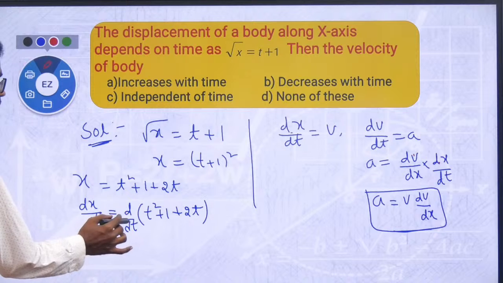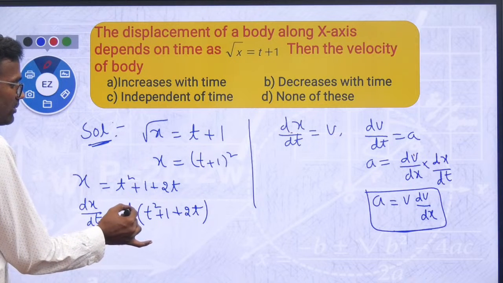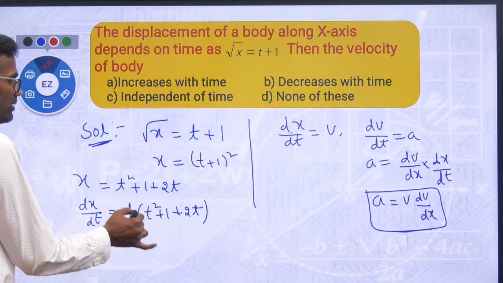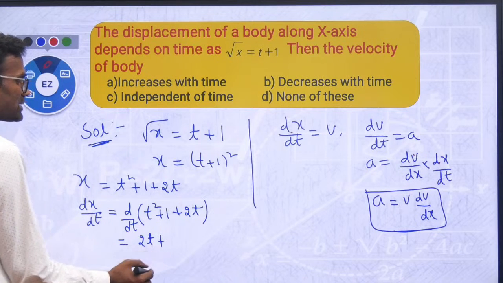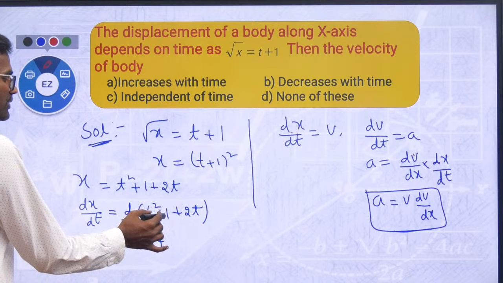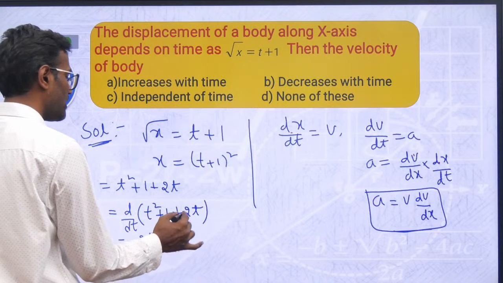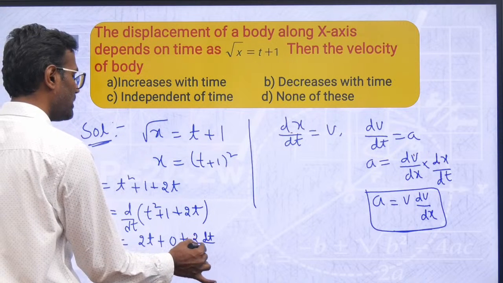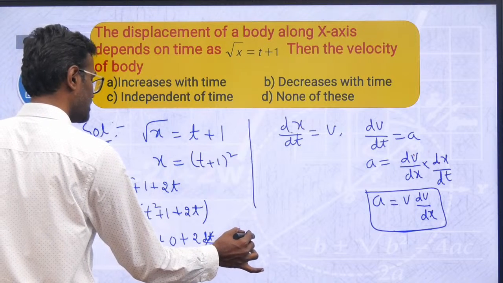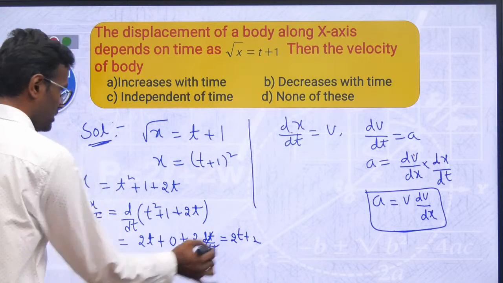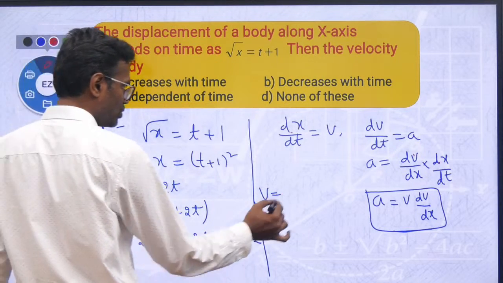Now take them separately: d by dt of t square, d by dt of 1, d by dt of 2t. d by dt of t square is 2t, plus the differentiation of a constant, which is 0, plus for 2t, 2 taken out, dt by dt cancels out. So what is your answer? 2t plus 2. So velocity is equal to dx by dt is equal to 2t plus 2.